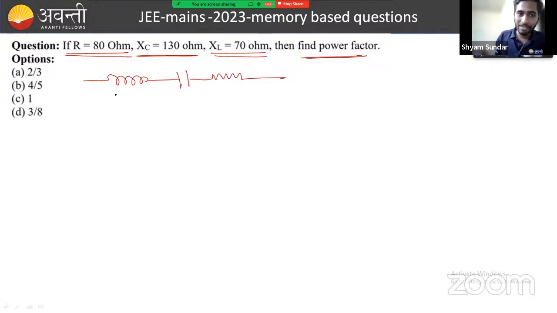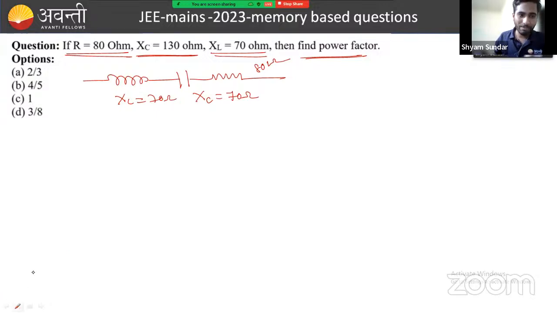The given effective reactance of the inductor, XL, is 70 ohm. The effective reactance of the capacitor is 130 ohm, and the resistance they gave is 80 ohm. Power factor they are asking.